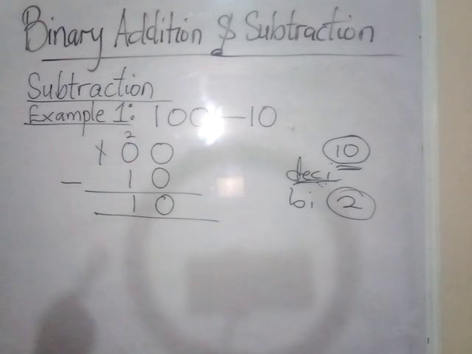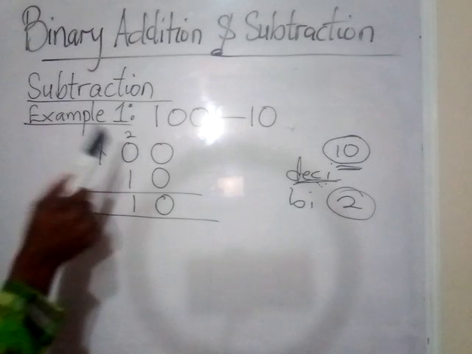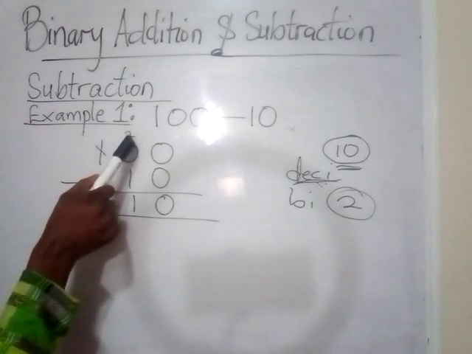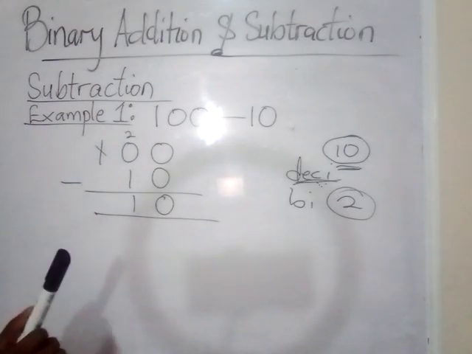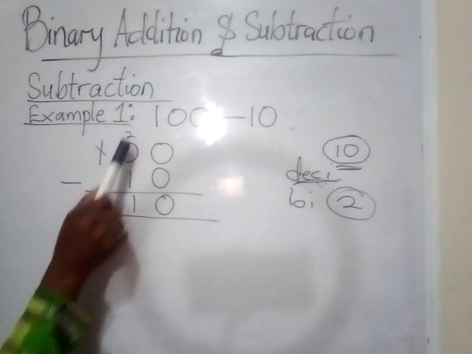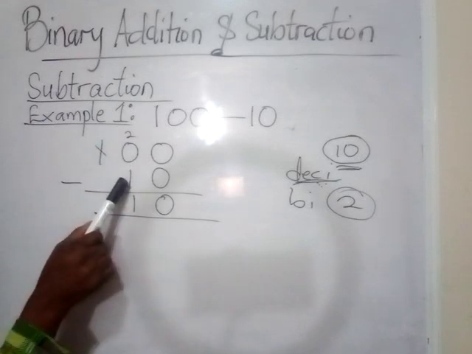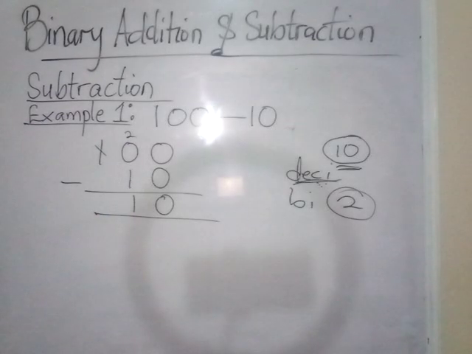That's why it is called the binary system, because it's a system that has just 2. So you bring the 2 here. Remember the 2 is added to 0, is still 2. 2 take away 1 will give you 1. So this is what you get as your answer.